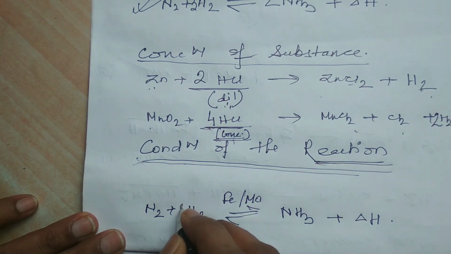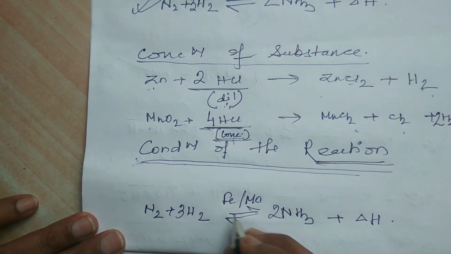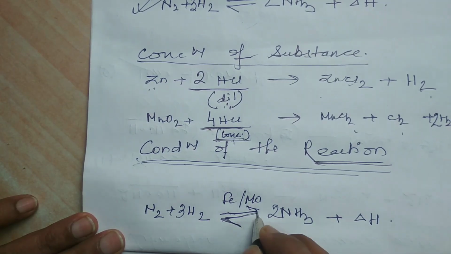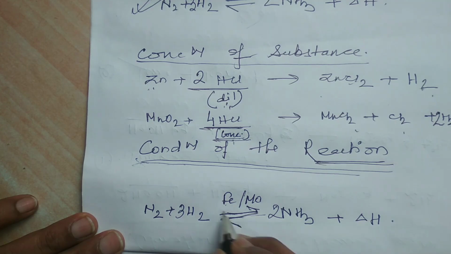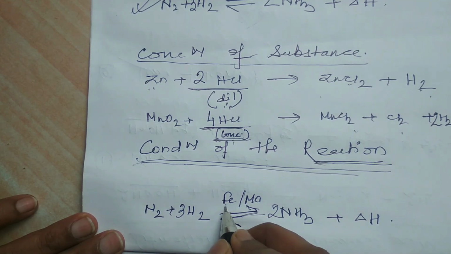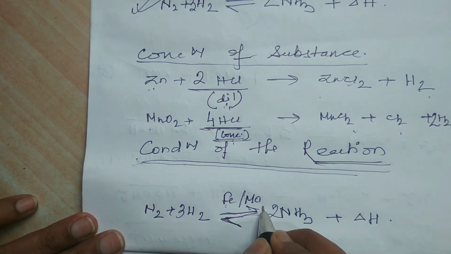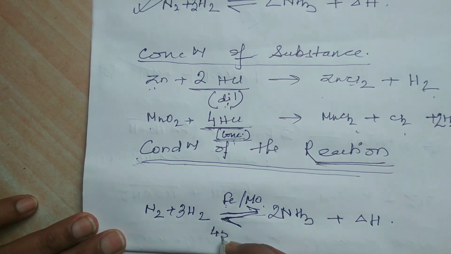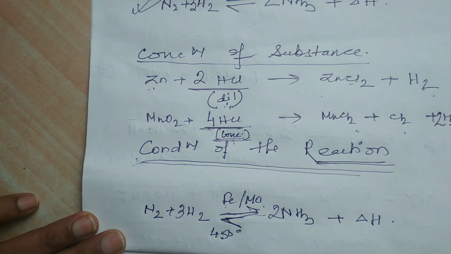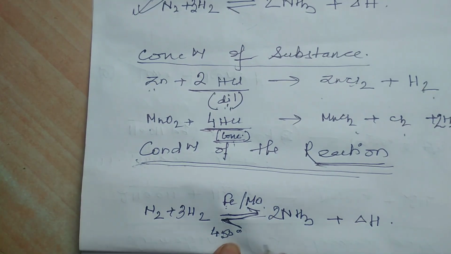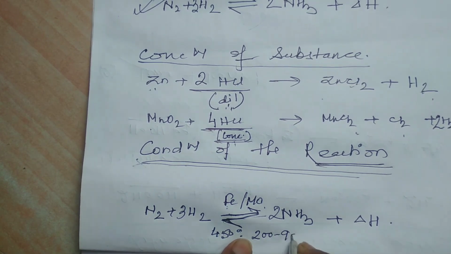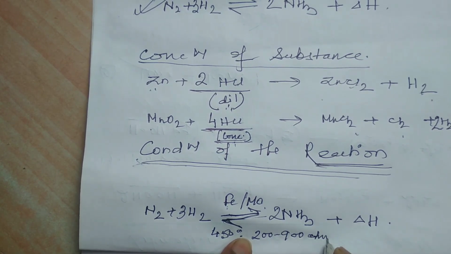Balance it: this is 3, this is 2. So the conditions can be written above the arrow. Here it informs that iron is the catalyst, molybdenum is the promoter, and the temperature is 450 degrees. It means this reaction takes place at 450 degrees Celsius and 200 to 900 atmospheric pressure.